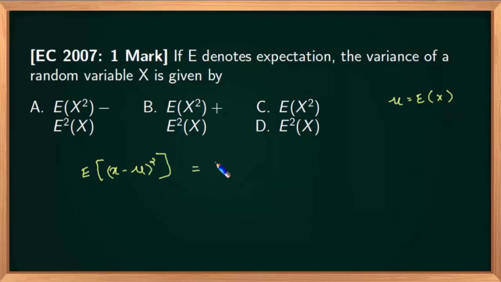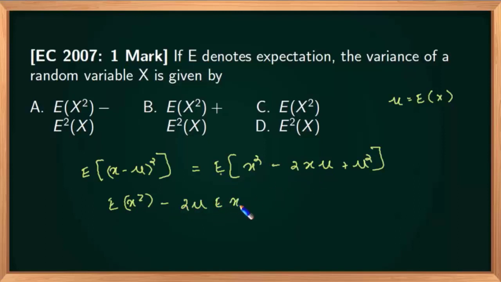I just square it, so that I'll be getting expected value of x square minus 2x mu plus mu square. Now I take the expectation inside the bracket, so I can write expected value of x square minus 2 mu, where mu is a constant, into expected value of x, plus expected value of mu square.